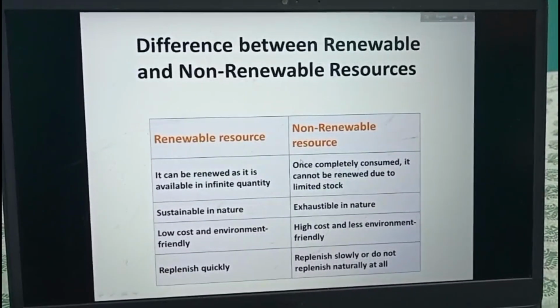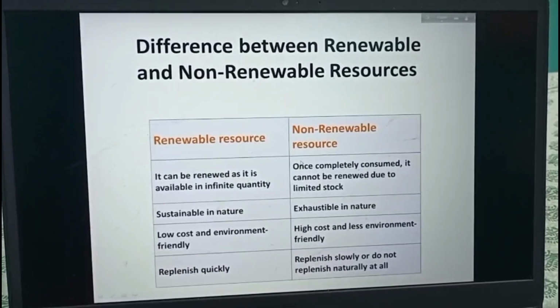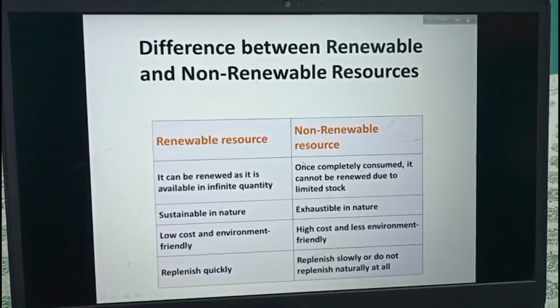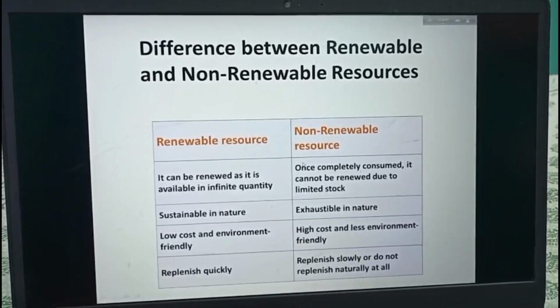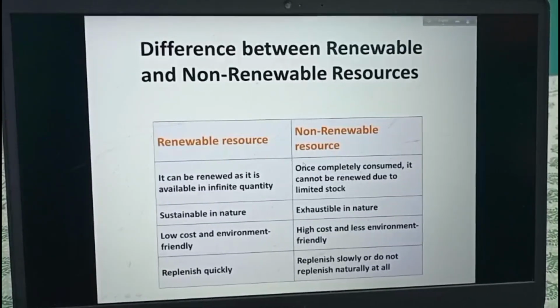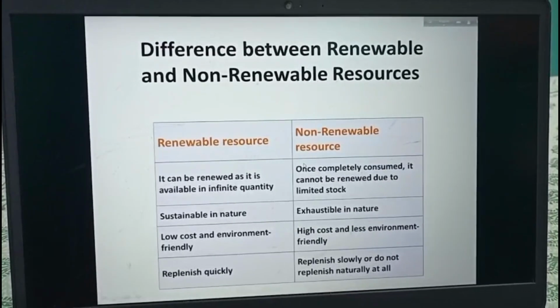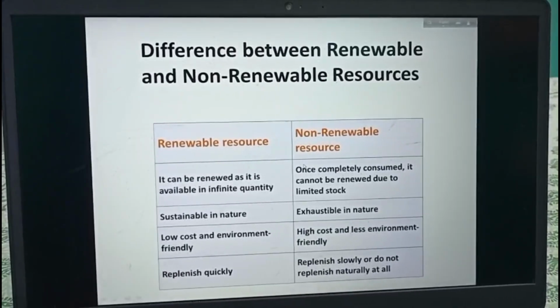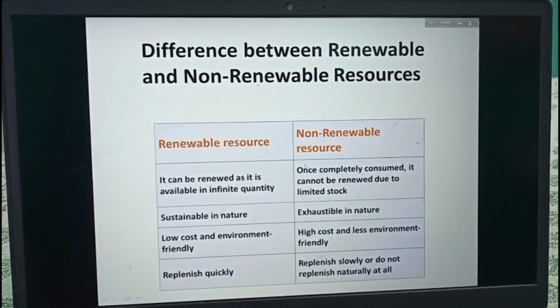Here I have given some differences, but before knowing the difference, we have to learn the concept of renewable and non-renewable. Renewable, from the word we can understand, we can renew these resources, right? And non-renewable means we cannot renew. Renew means the same resources we can use many times for our future, right?